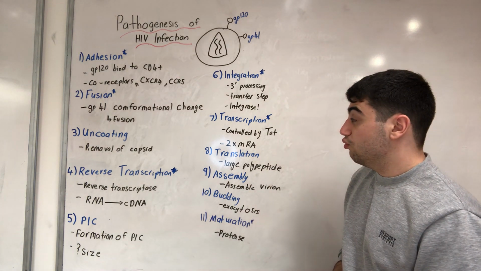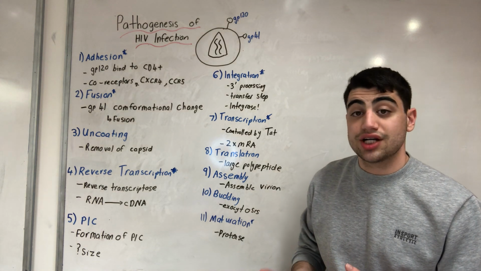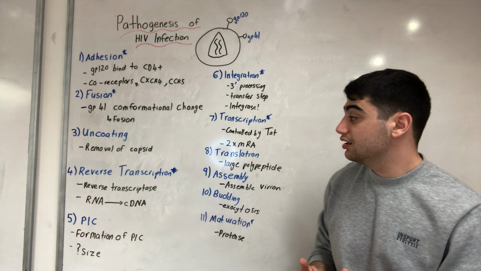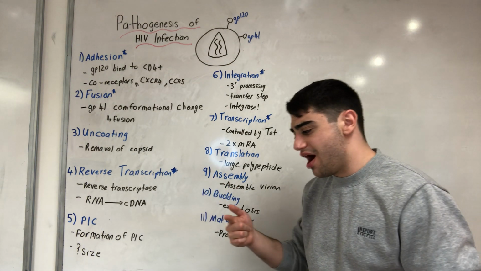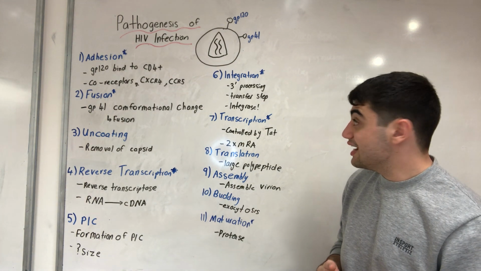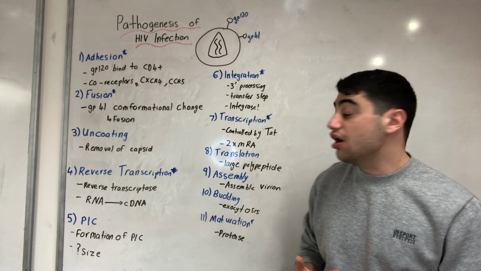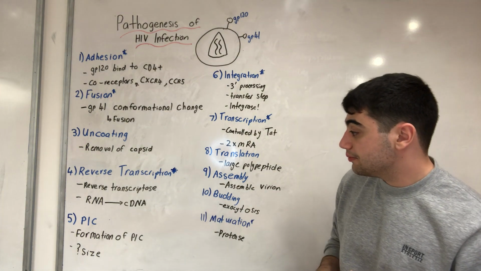But we call HIV a retrovirus, and the clue's in the name, retro, going backwards. It has this enzyme, reverse transcriptase, which allows it to go from RNA back towards DNA. It's an interesting virulence factor of HIV that allows it to incorporate into the host genome.